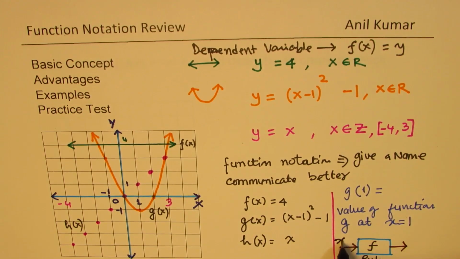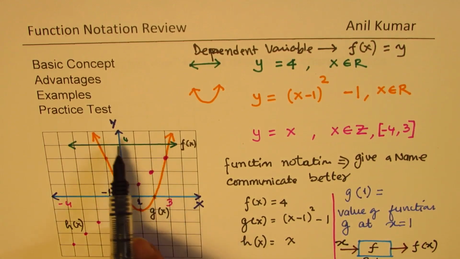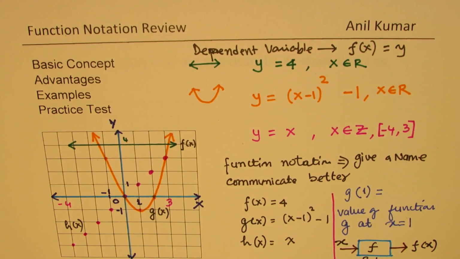Input in this case will be x, and the output will be f of x. So y, which you were earlier using in your equations, will now be replaced by f of x. So f of x is the value of the function for a given input, and f itself is the name of the rule which the function follows. Is that clear to you, right?